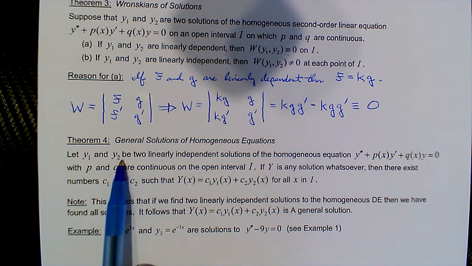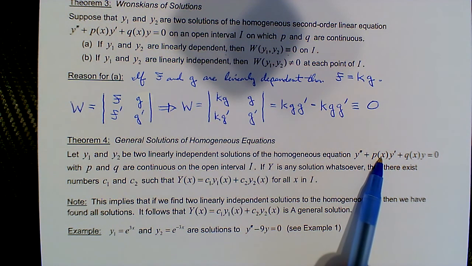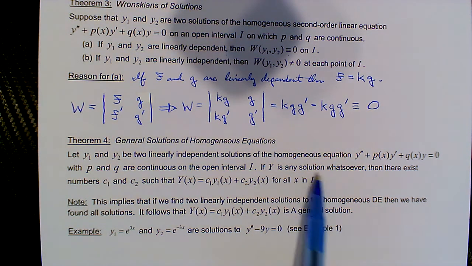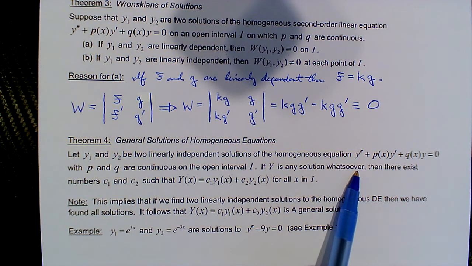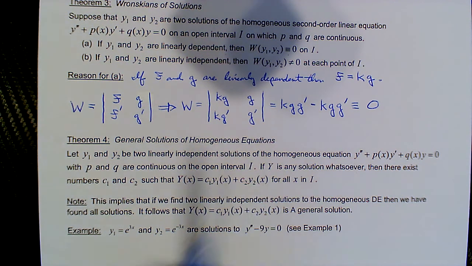If two functions are linearly independent solutions to the homogeneous second-order linear differential equation, and if y is any solution, then there exist constants such that y of x is c1y1 plus c2y2.